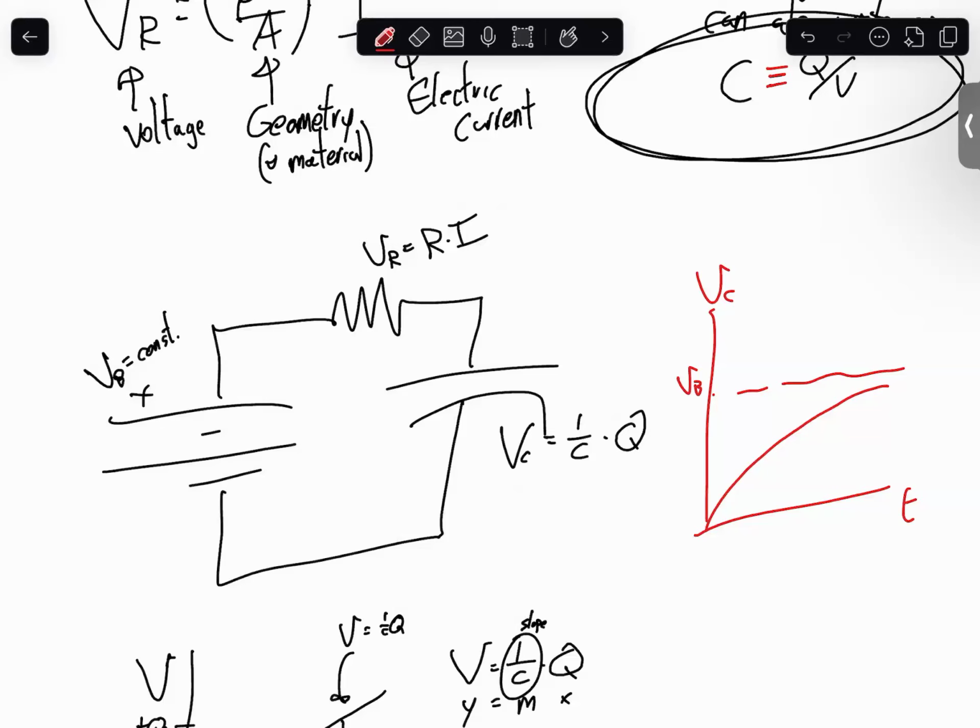Show me with your hand. Draw voltage on the y-axis, charge on the x-axis. What kind of graph does that make? So draw a graph relating voltage to charge, and as the x-axis changes, the y-axis will also change.